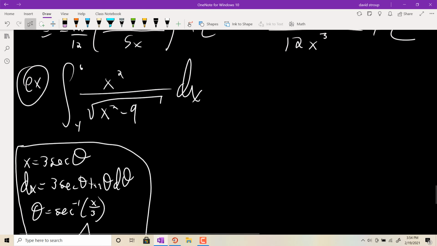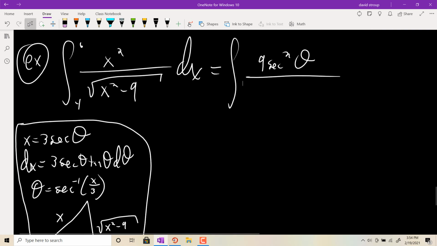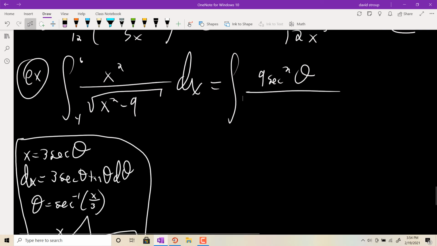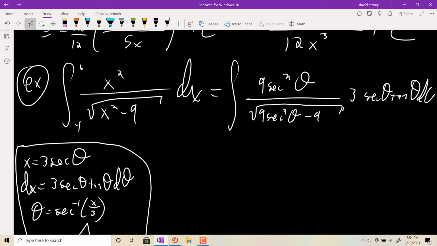Okay. So let's go at it, and substituting in, I have 9 secant squared theta all over the square root of x squared minus 9. All right, so x squared minus 9, what is that? The square root of 9 secant squared theta minus 9. And then dx is now 3 secant theta tan theta d theta.